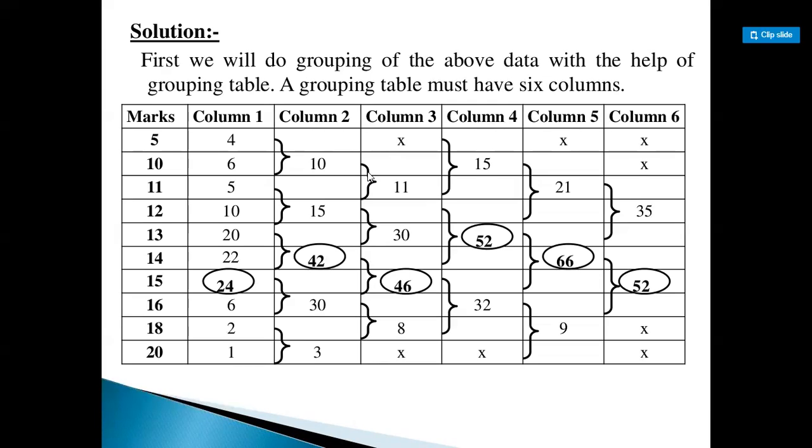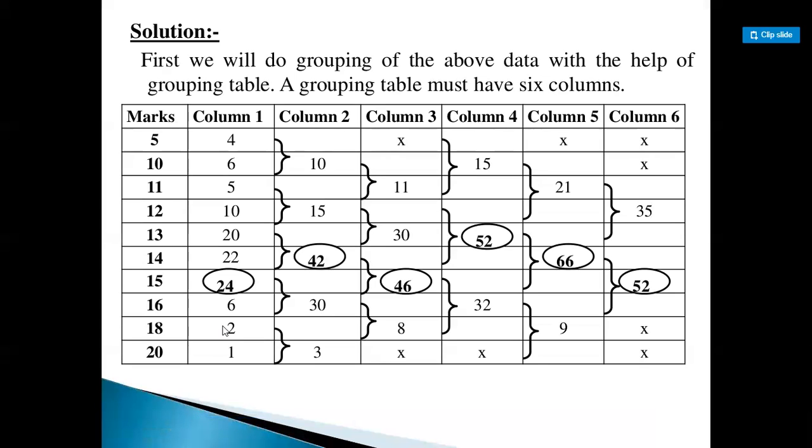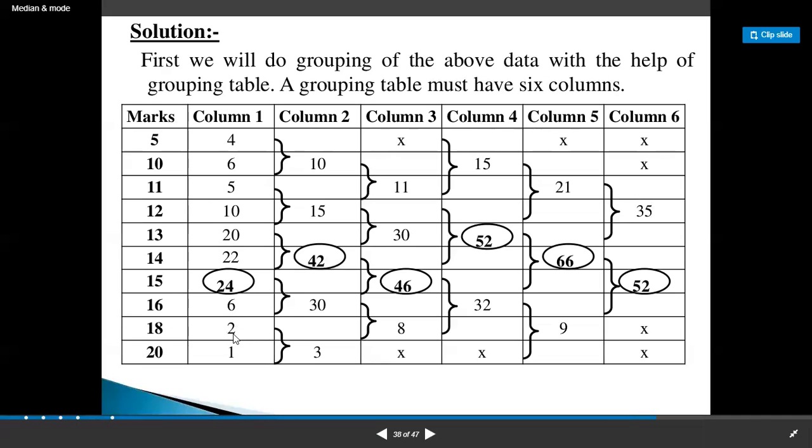If the last 3 are not there, we leave them as they are. So in the second column, we got the answer of 4, 6 and 5 equals 15. Then 10, 20 and 22 equals 52. Then 24, 6 and 2 equals 32, and 6, 2 and 1 equals 9.